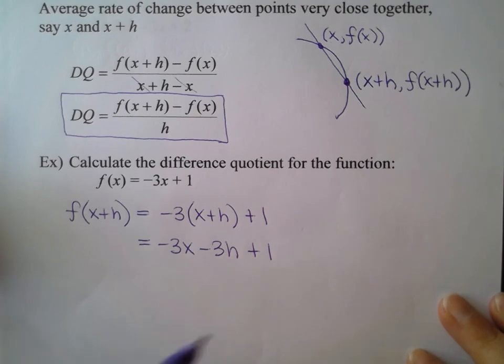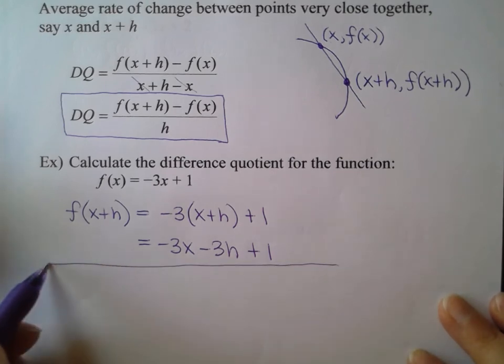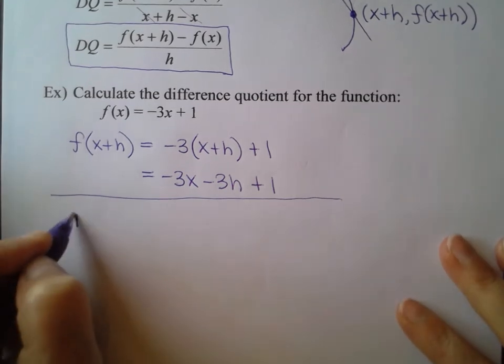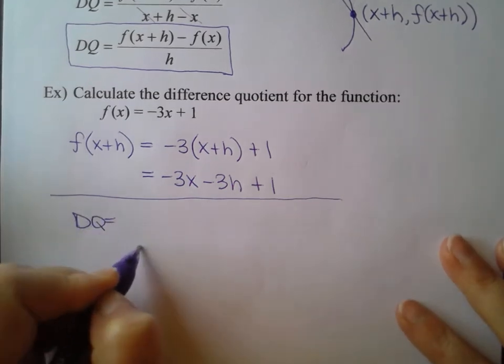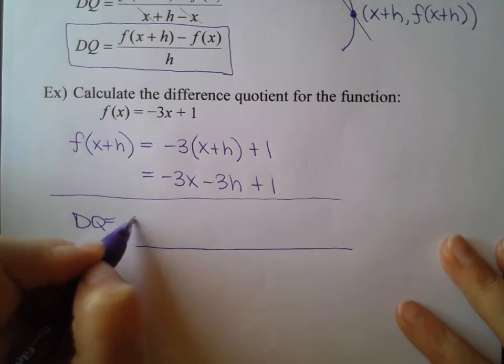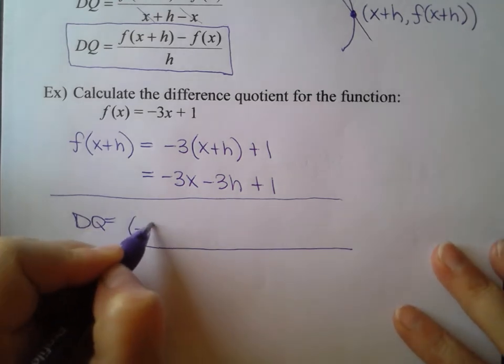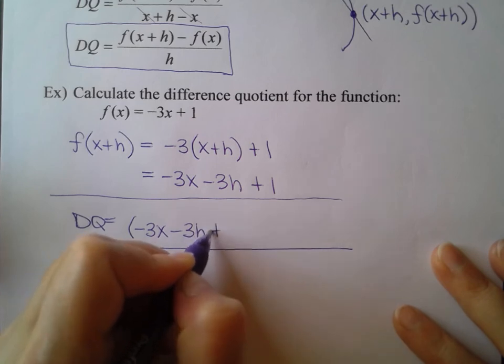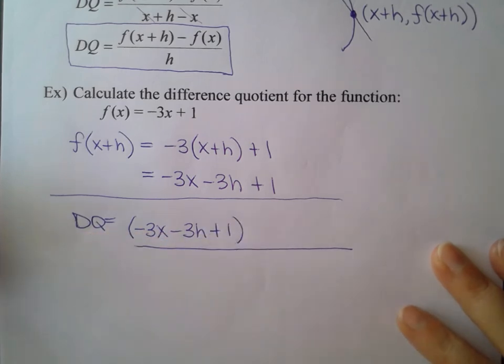Now we're ready to put together the difference quotient. So I have f of x plus h, which is what we just calculated, -3x minus 3h plus 1.